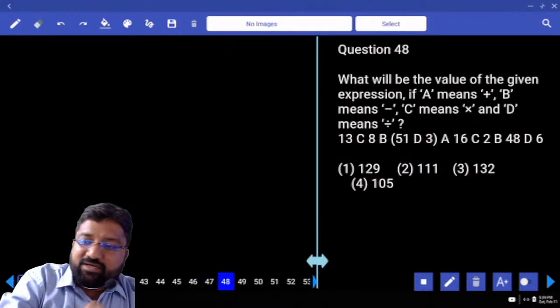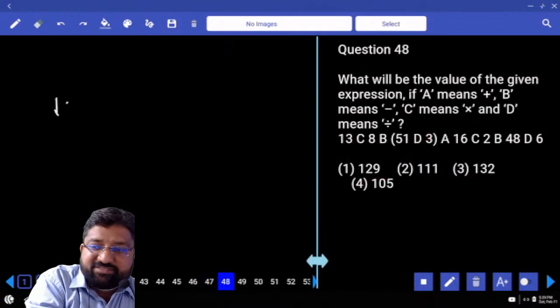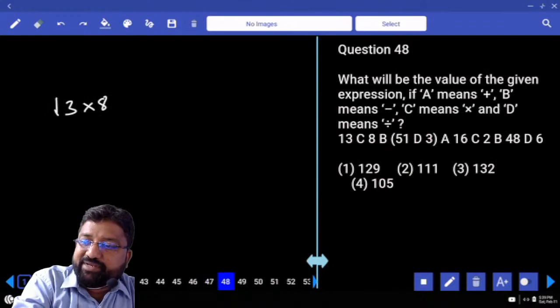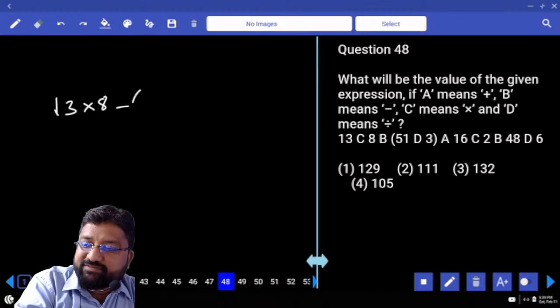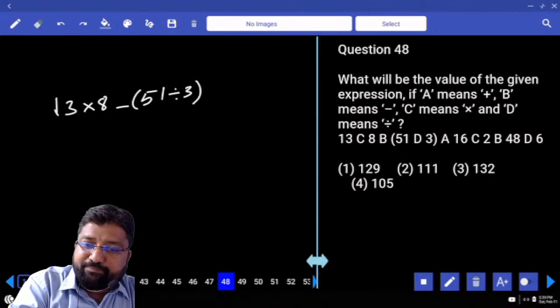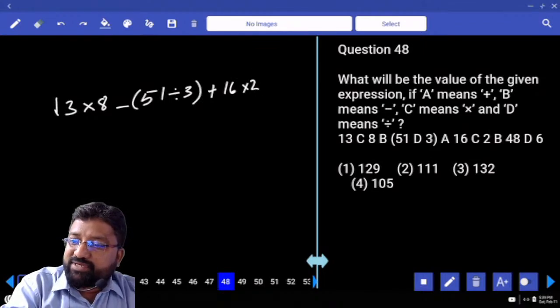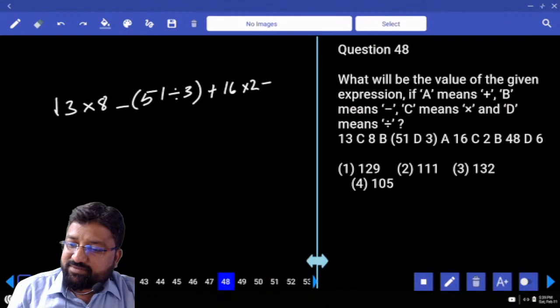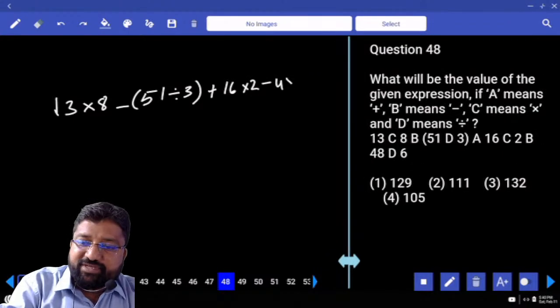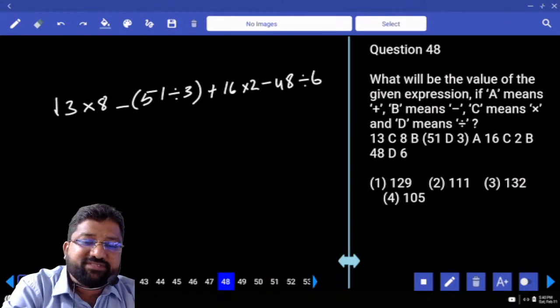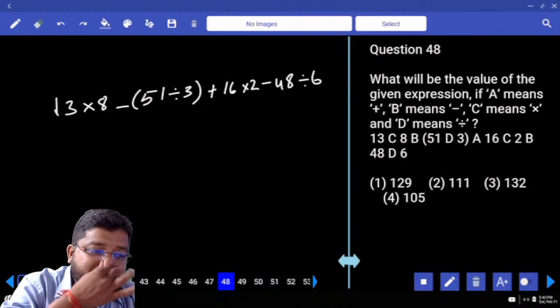48. What does C mean? C means multiplication. 13 into 8. What does B mean? Minus. 51 D. D ante divided by. A ante plus. C ante into. B ante minus. 48 divided by 6.